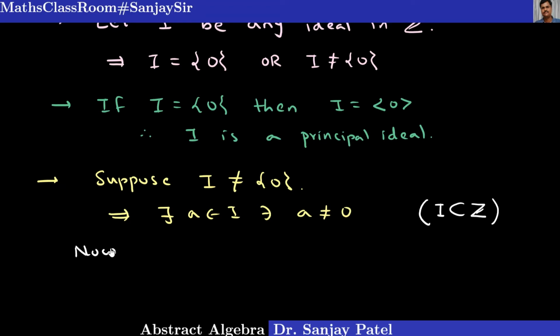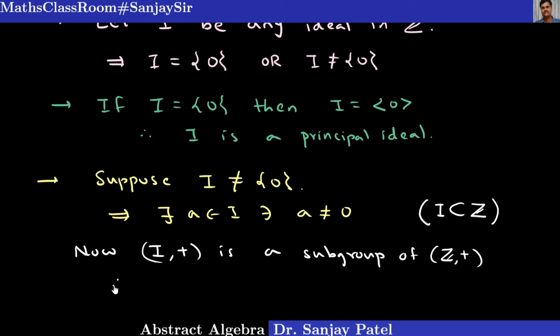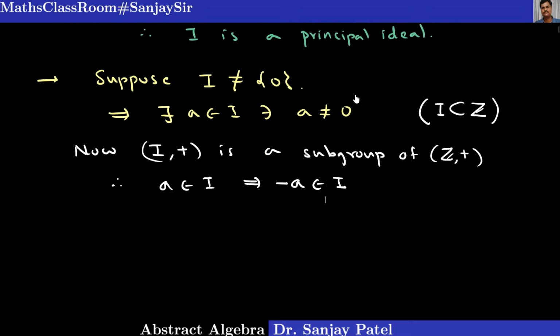Now this (I, +) is a subgroup of the group Z with respect to addition. So a belongs to I implies its negative element minus a also belongs to I. Now remember that a is an integer and it is not 0. So either a is positive or minus a is positive.